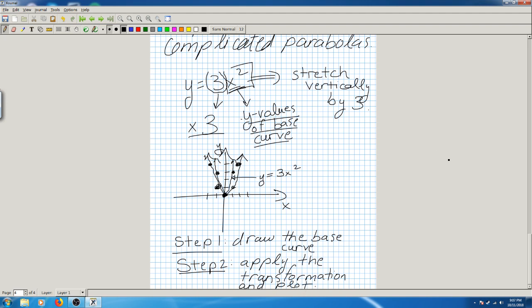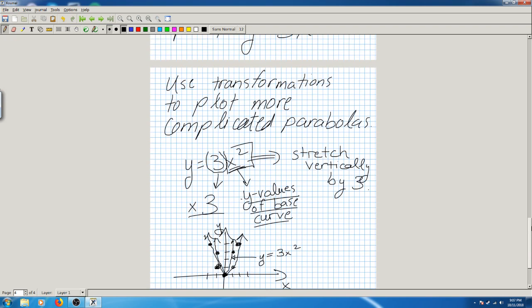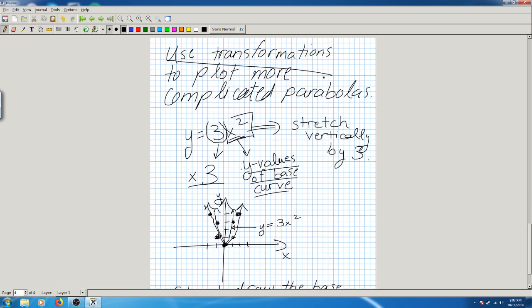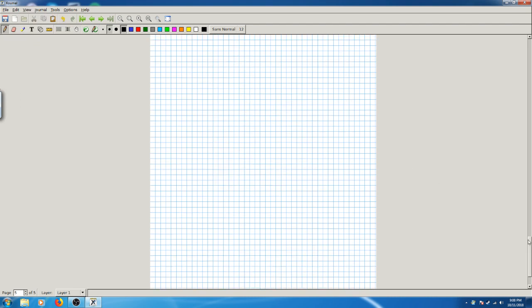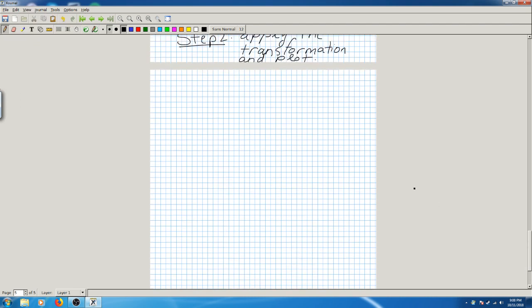Now, this type of method to plotting using transformations is only really useful if you have a couple transformations, at most 1 or 2, in my opinion. As soon as you hit maybe 3 or 4, that type of method of plotting the base curve first, then applying a transformation one at a time is kind of a bad idea.